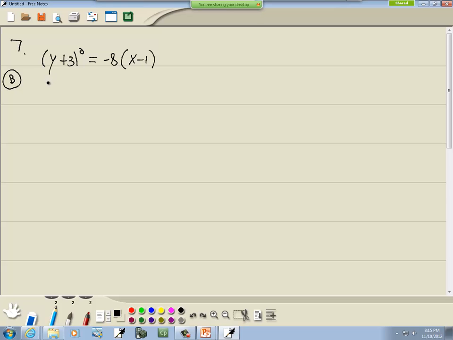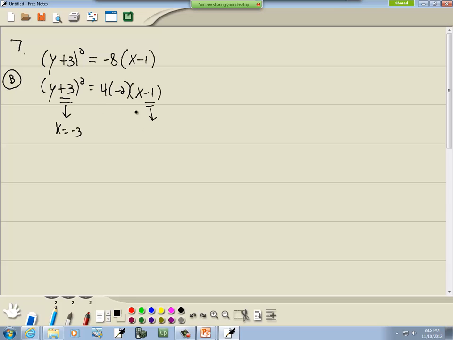Now this is almost in perfect form. We want this as y plus or y minus a number, so that's fine. We'll write this as 4 times negative 2. And we want that to be x plus or minus a number. So this is k, and it's going to be opposite sign, so it'll be negative 3. K always goes with your y, and h always goes with your x.